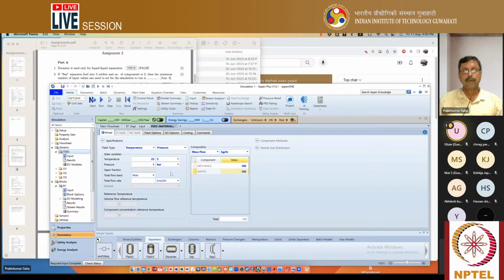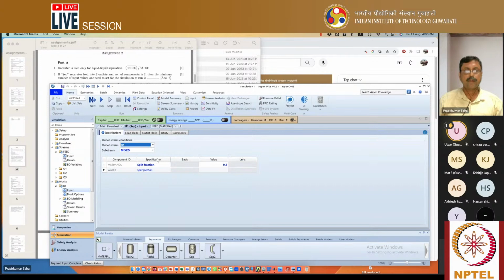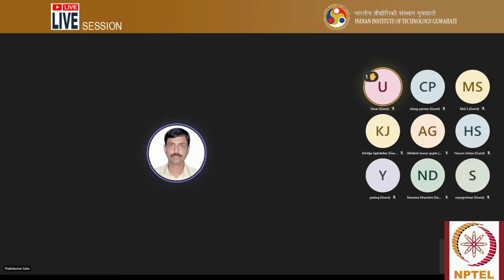So here 4 inputs and here 2 inputs. So 4 plus 2, this is 6. That's exactly what is the answer. So if SEP separates feed into 3 outlets and number of components 2, then minimum number of input values we need to set for the simulation run is 6. So I hope this answers your question.